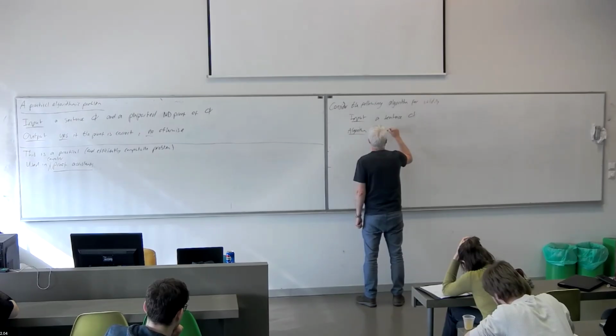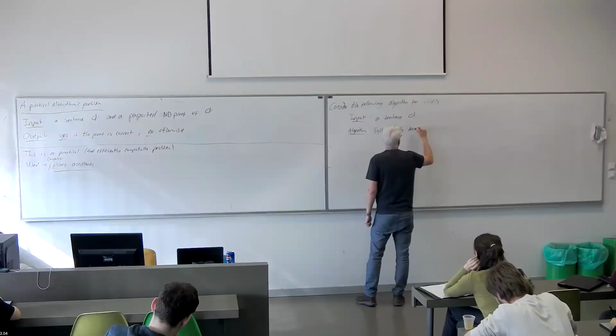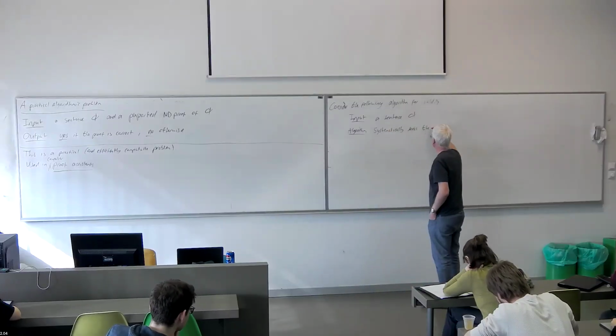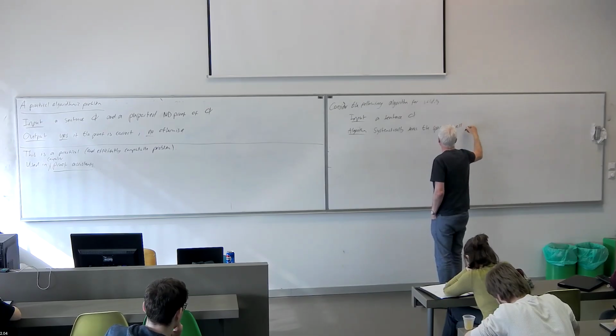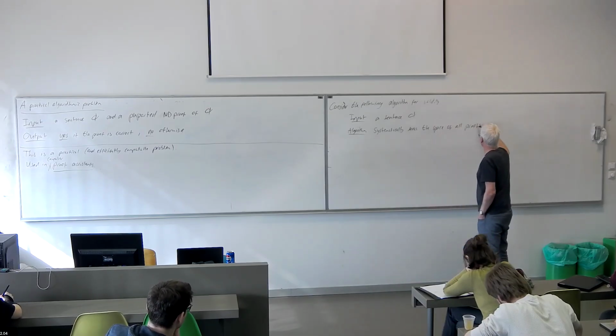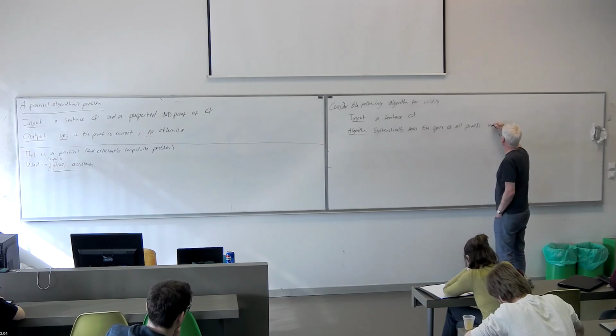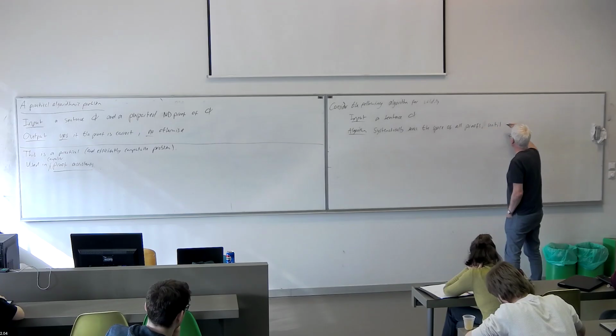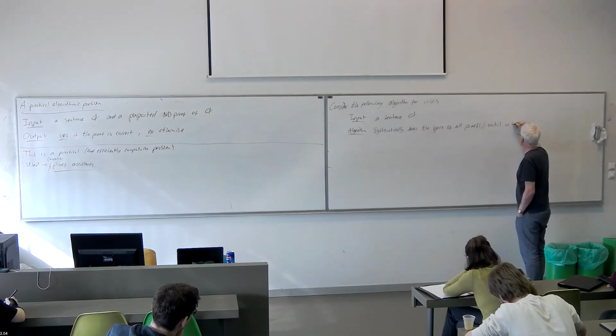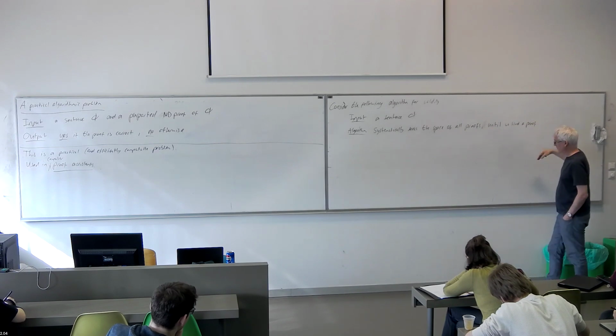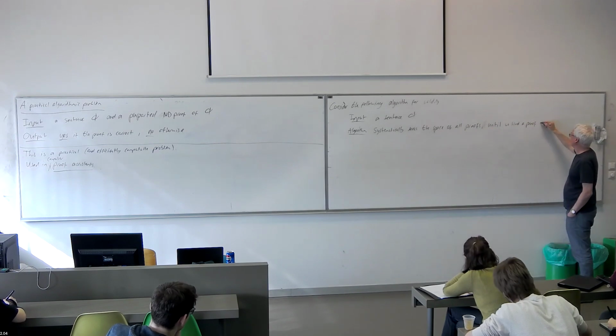So systematically search the space of all proofs until we find the proof of phi, by which I mean a proof with concluding formula phi.